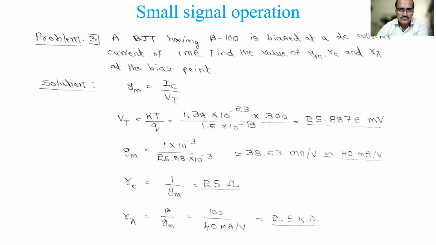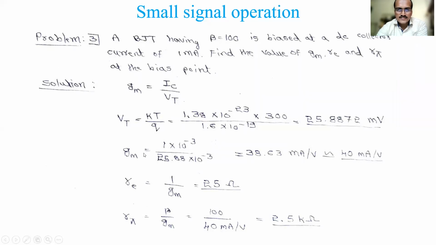If you add 273, that is the formula, right? 273 plus temperature in degrees Celsius is equal to Kelvin. So 273 plus 27 gives 300, divided by Q, 1.6 into 10 to the power minus 19. It comes to around 25.8872 millivolt. We consider this approximately 26 millivolt as VT normally.